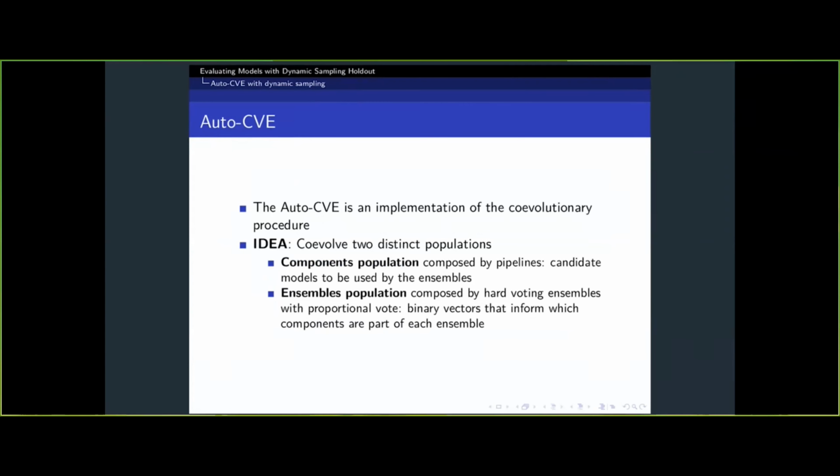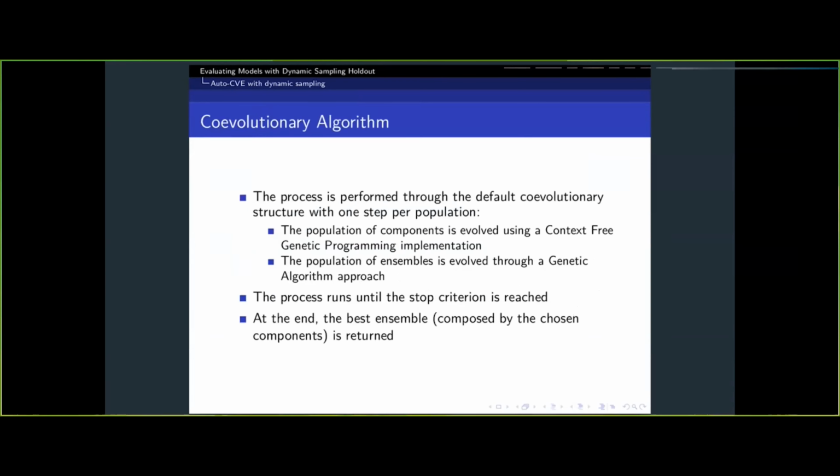And the other population is composed of ensembles, in which we will search the best ways to combine the pipelines involved in the first population. And as these pipelines are evaluated based on their performance in the ensembles, we have these two populations interacting with each other.